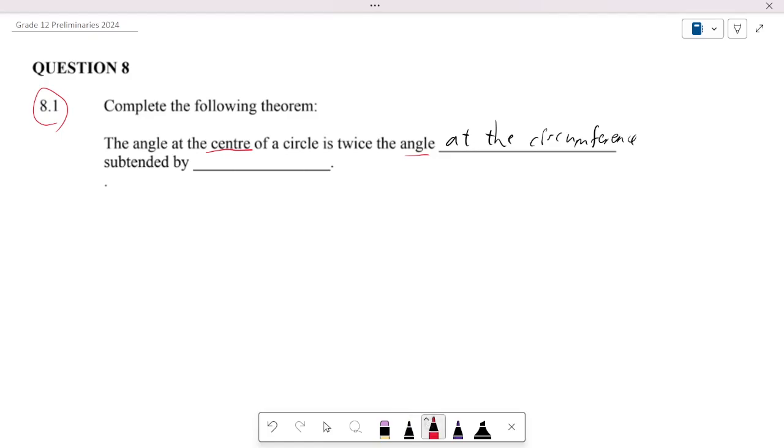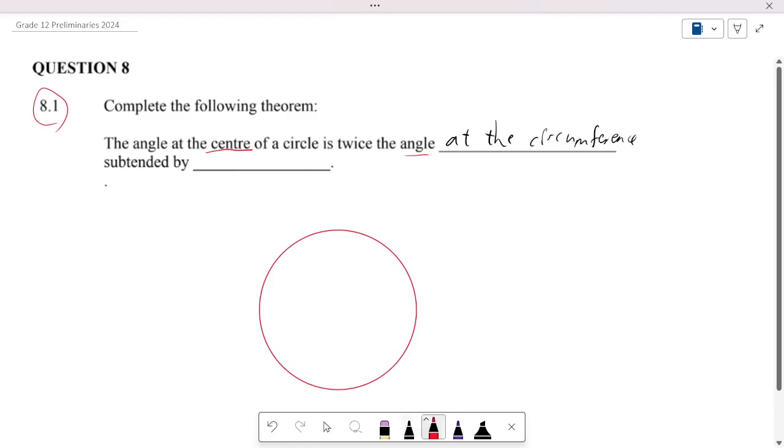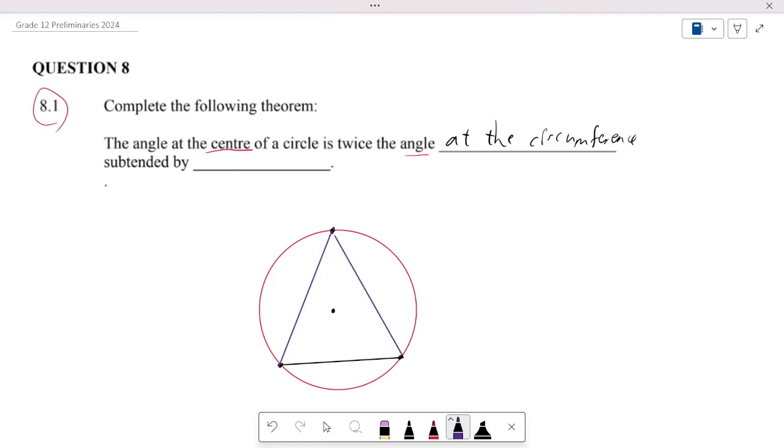Essentially, what we are talking about here is if we have a circle like this, and I draw a point on the circumference, and then I draw our circle center, and two random points that will make our chord like this. This angle is subtended to this chord that we have created over here, and so is this angle, which is going towards the circle center.